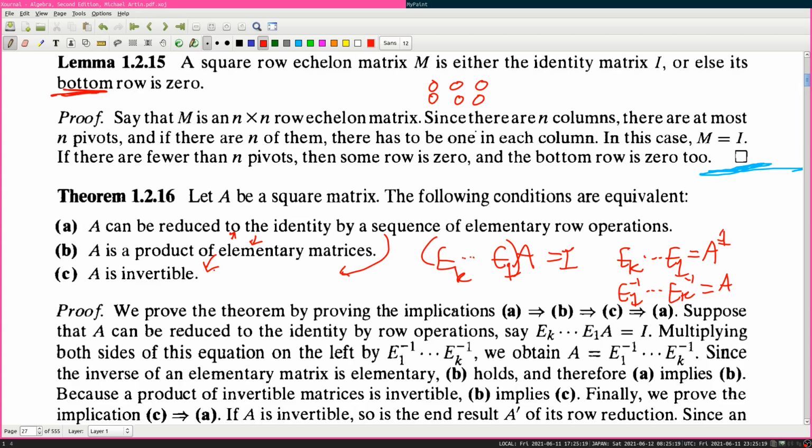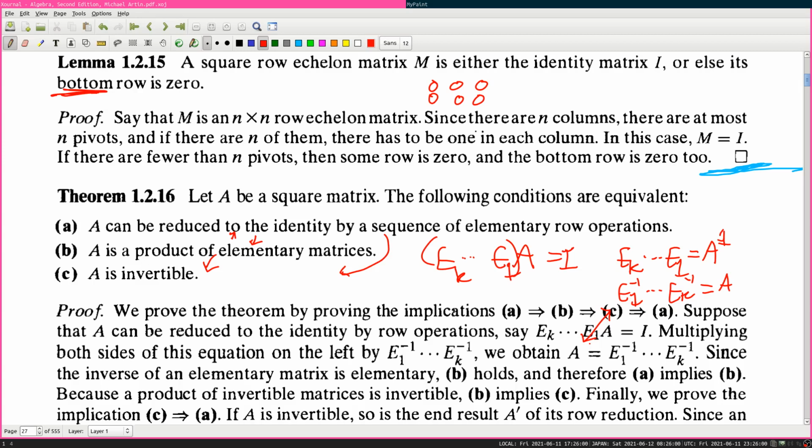We prove the theorem by proving the implications A implies B implies C implies A. Suppose that A can be reduced to the identity by row operations, say Ek down to E1 A equals I. Multiplying both sides of this equation on the left by E1 inverse up to Ek inverse, we obtain A equals E1 inverse up to Ek inverse, exactly what I wrote. Since the inverse of an elementary matrix is elementary, B holds, and therefore A implies B. Because a product of invertible matrices is invertible, B implies C.